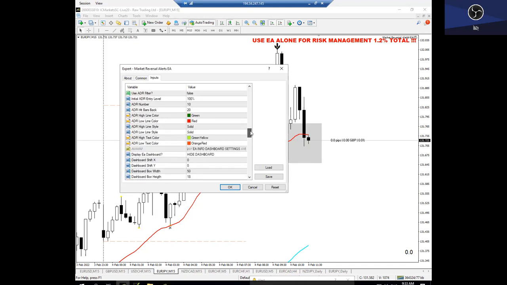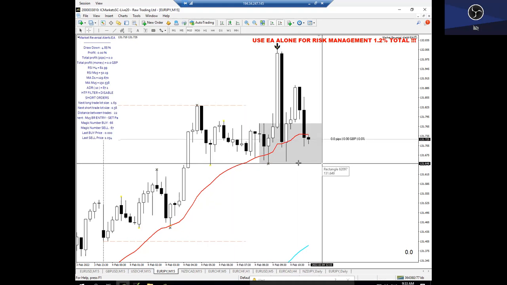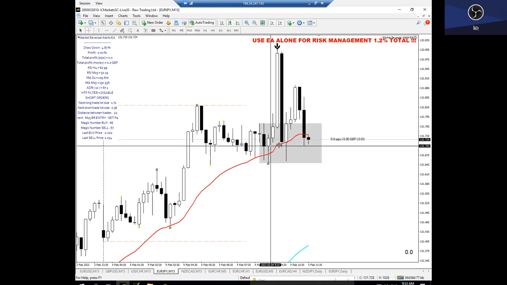So let me just show, and usually I have the dashboard. So if I want 1% here, my setting on the EA is once it gets a breakdown. Let's say this is a support area, right? Because we have all this bounce, bounce, bounce.